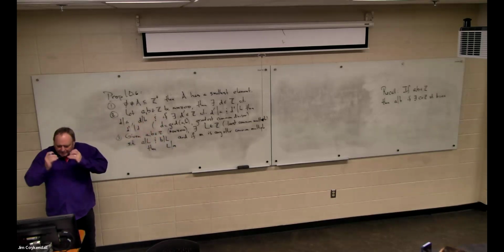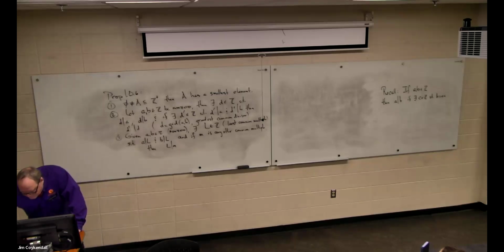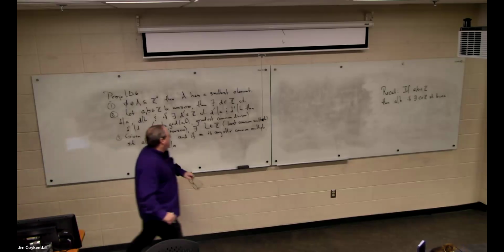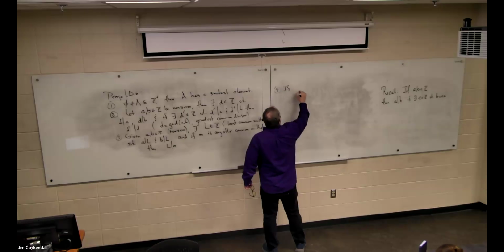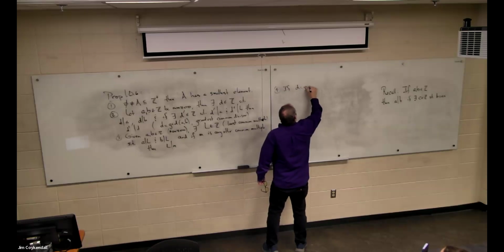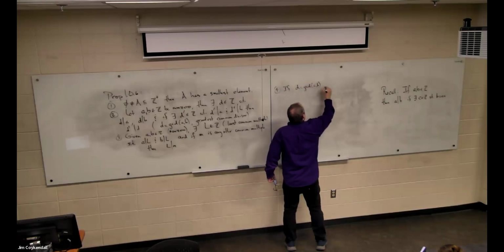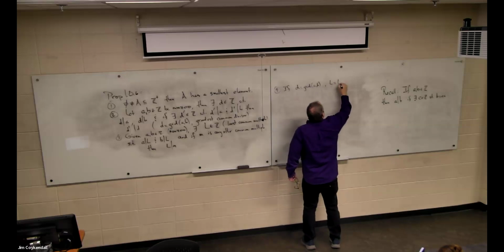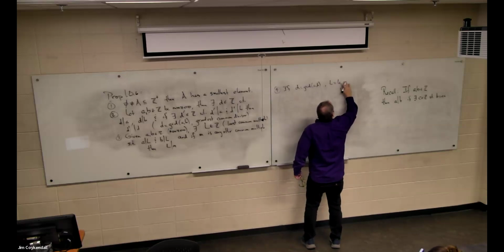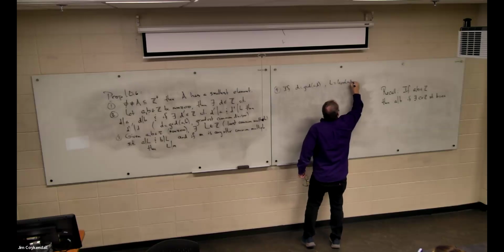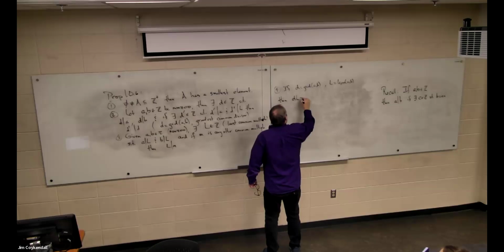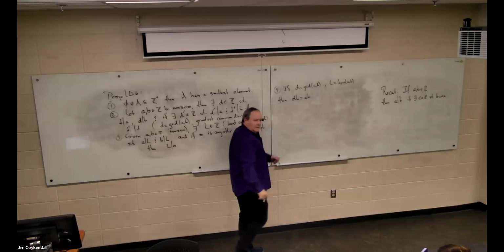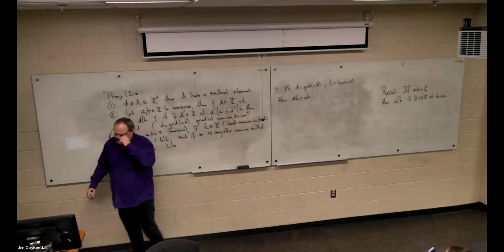So it's sort of like the mirror image of this problem. Number 4: if D is the GCD of A and B and L is the LCM of A and B, then DL is AB. That's one of the homework problems for next week.